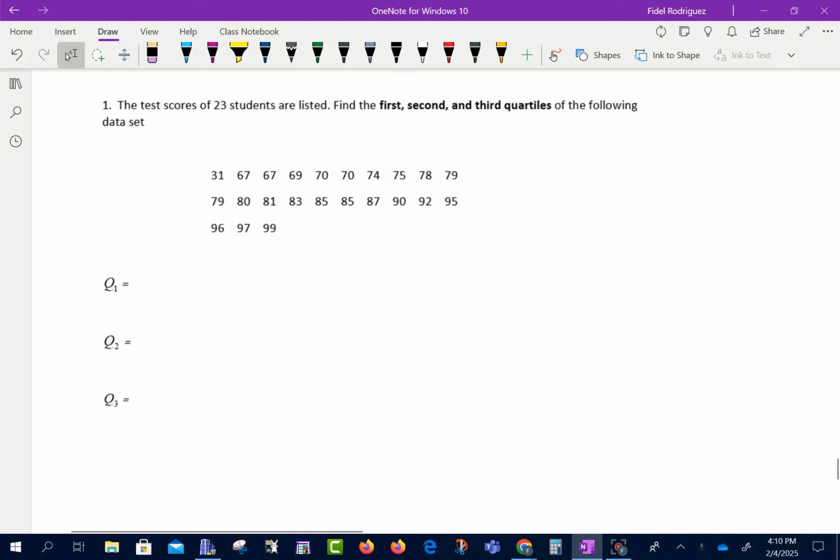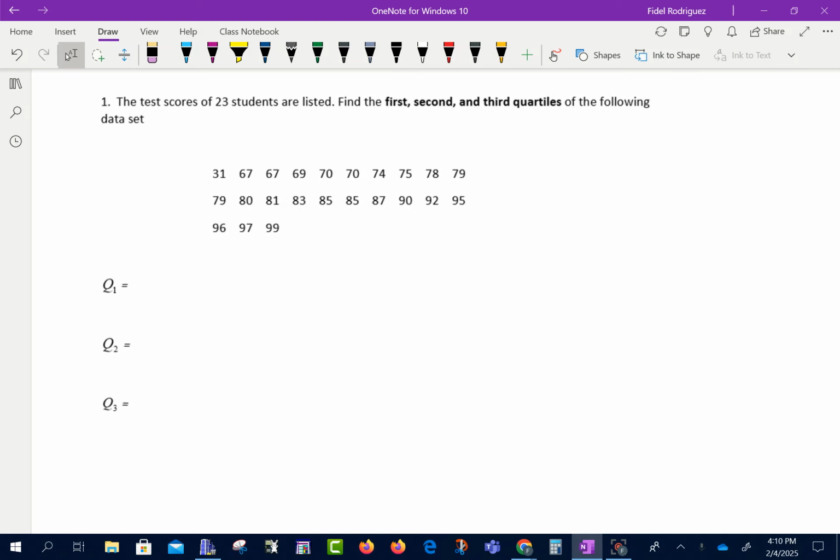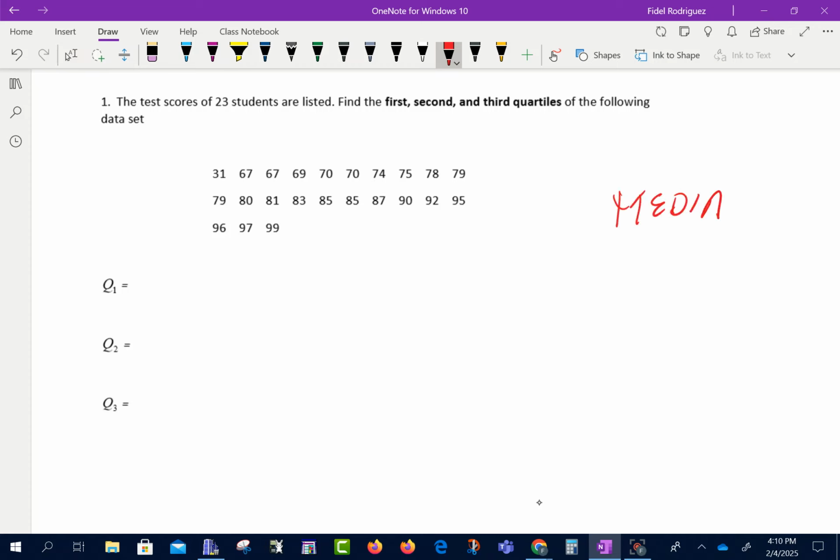We're going to find the test scores of 23 students. We want to find the first, the second, and the third quartiles. Y'all, the first thing I'm going to do is find the median. If y'all remember, the median is the number that is in the middle.